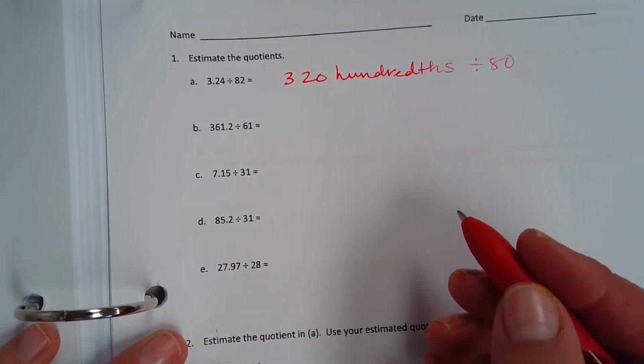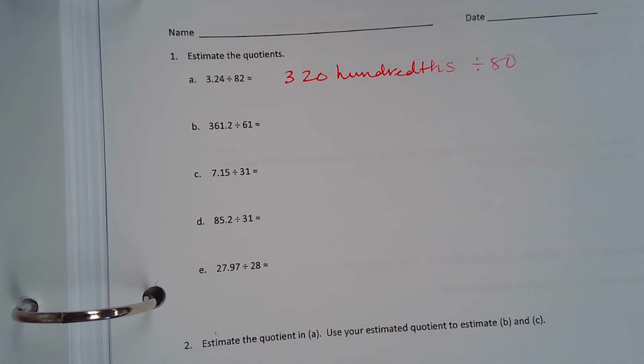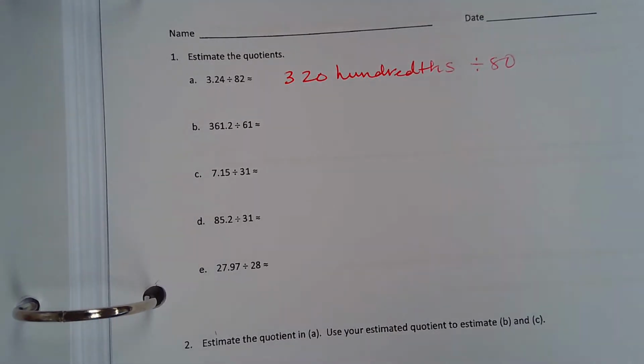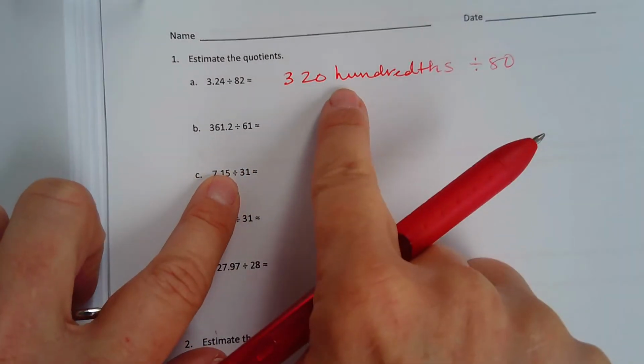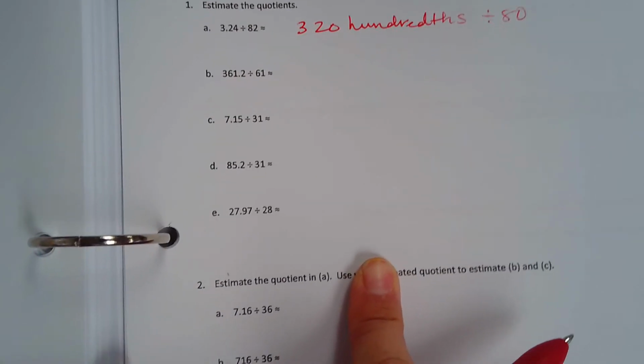If you instead want to go 3.2 divided by 80, find your way. Pick your option and go with it. And you're going to use your option on each one of these problems, okay?